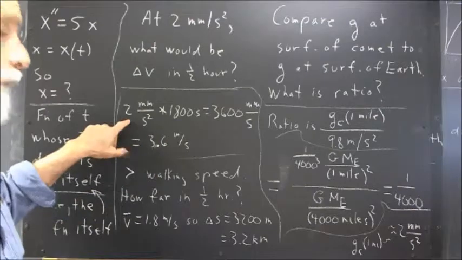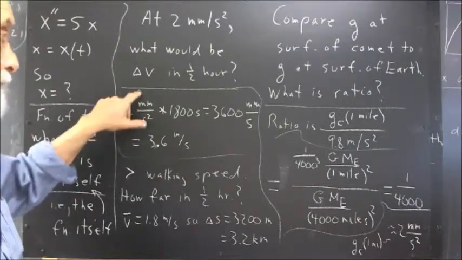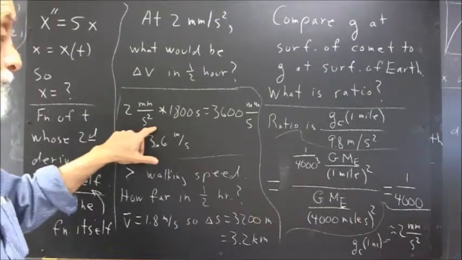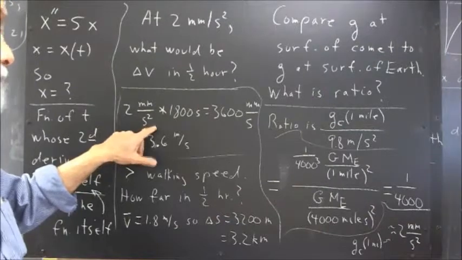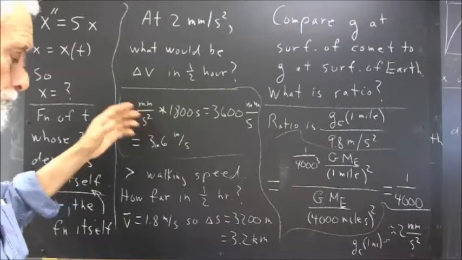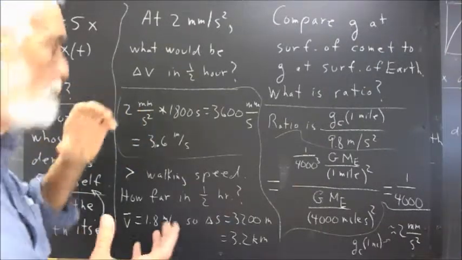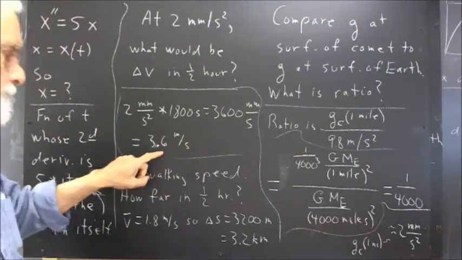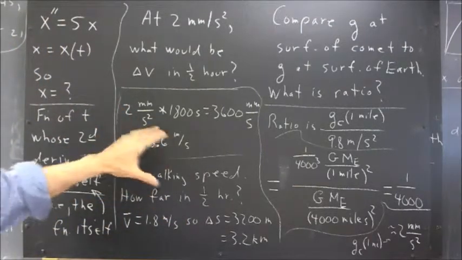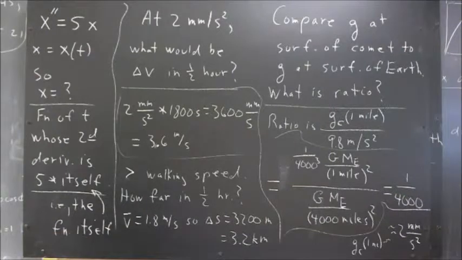Given that I believe this to be an overestimate of the acceleration of gravity at the point that the probe actually bounced off, that makes the whole model pretty reasonable and consistent with the idea that it approached the comet at walking speed.